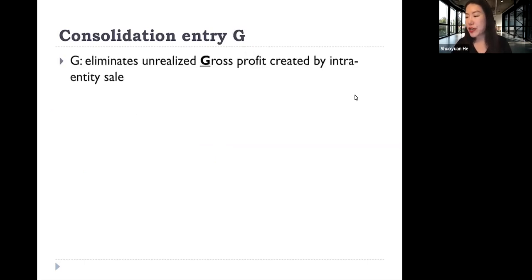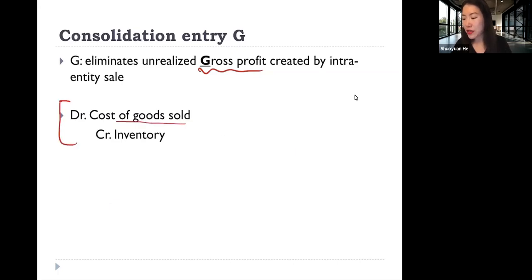Consolidation entry G, G stands for gross profit. The purpose of consolidation entry G is to eliminate unrealized gross profit created by intra-entity sale. The entry here is to debit cost of goods sold, credit inventory account. Does this entry affect your net income? The answer is yes.